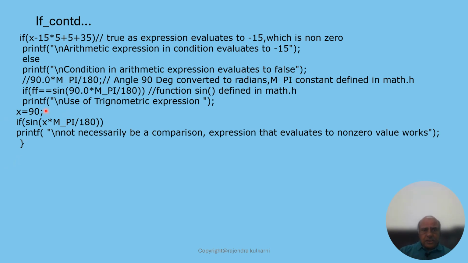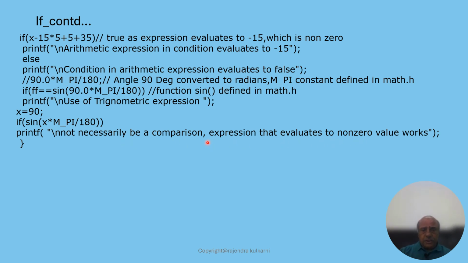Here we are assigning 90 as an angle in degrees to variable x. If sine of x into M_PI by 180 turns out to be true, this statement, not necessarily a comparison expression, works as long as it evaluates to a non-zero value.